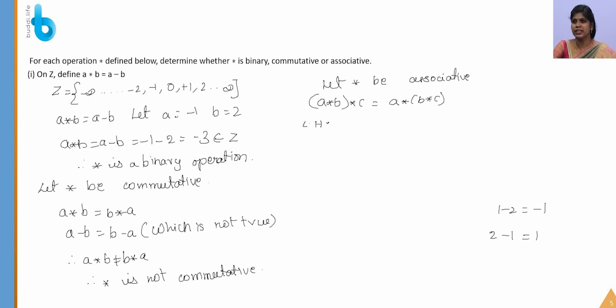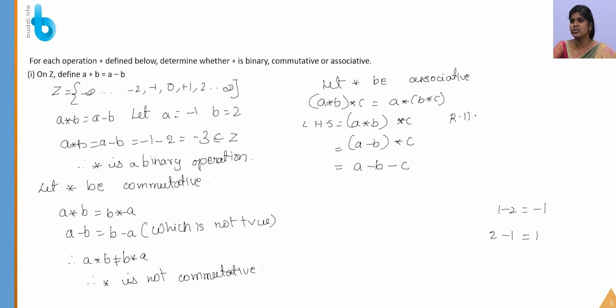First we will take the left hand side, (A star B) star C. A star B according to the definition is A minus B, then star C. Now again use the operation. Now this whole thing will be your A term in the definition. So first term minus second term, that is (A minus B) minus C.